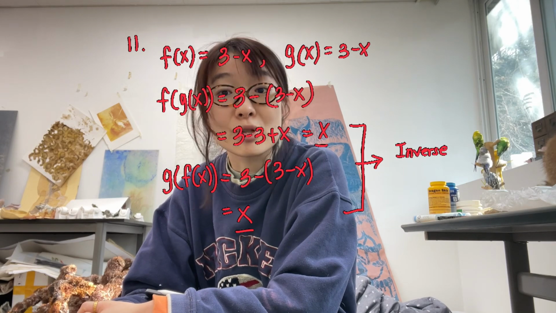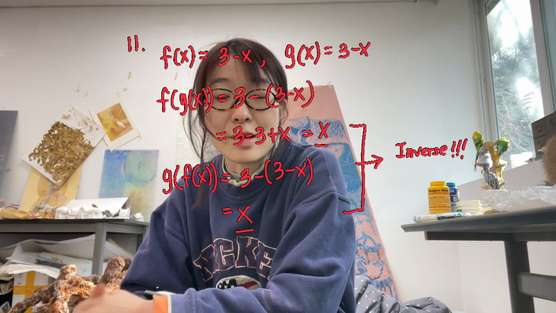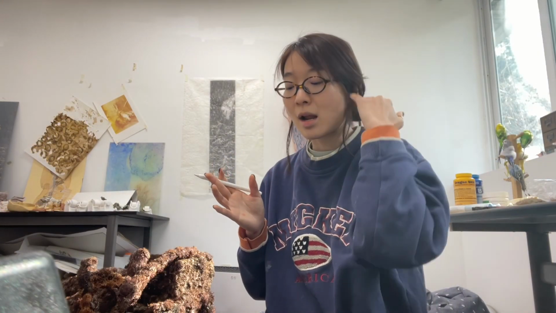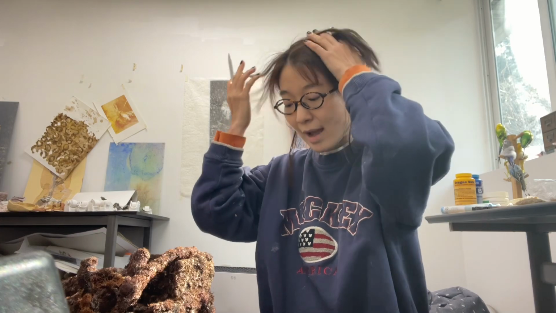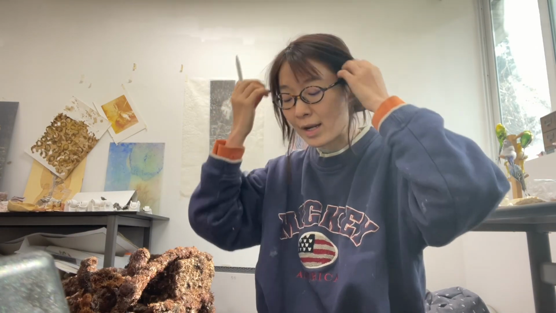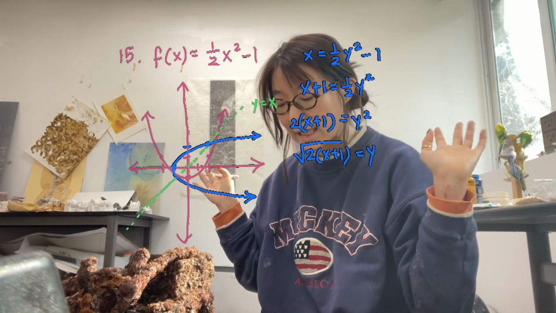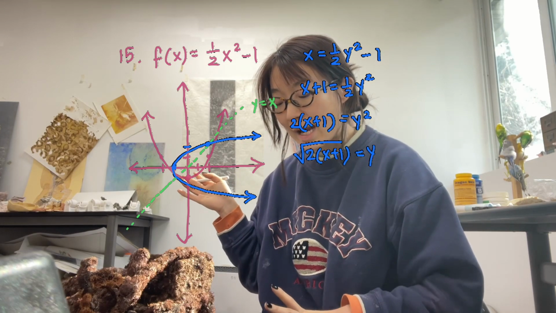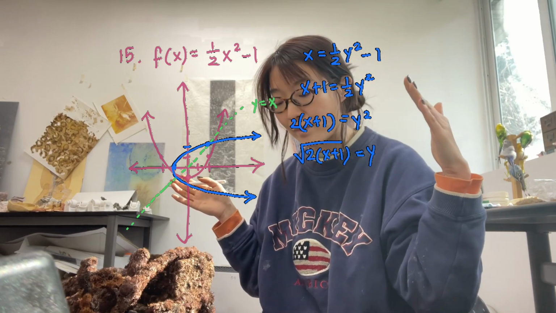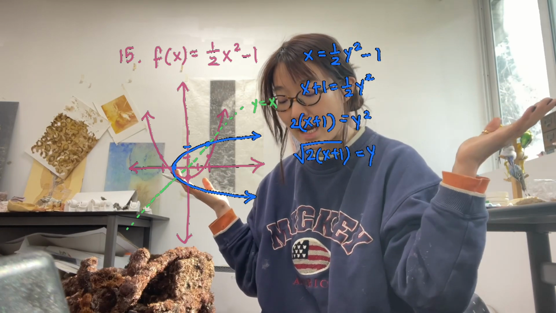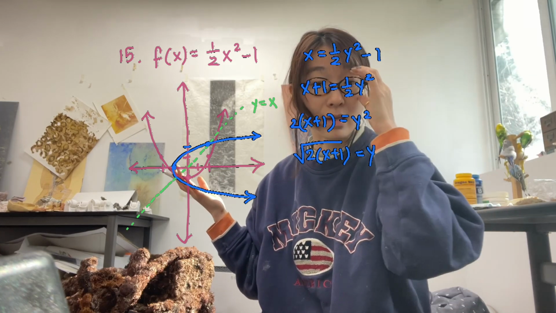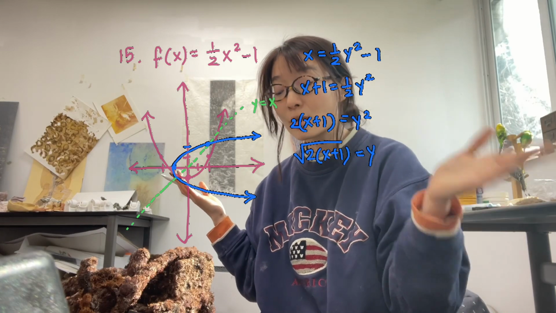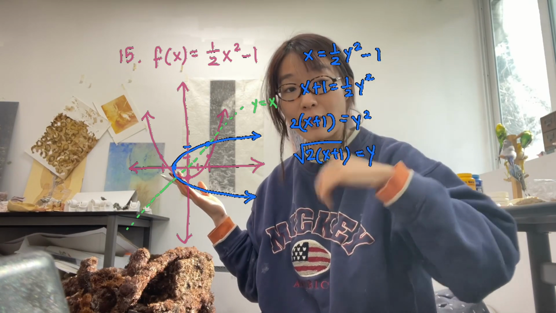So now we know how to verify inverse functions algebraically and graphically. So we are moving on to actually graphing inverse functions. We have f of x equals half x squared minus 1. I can go ahead and graph it, easy peasy, not a problem. And I went ahead and drew y equals x, and you can reflect it about that line to find the graph of the inverse function.